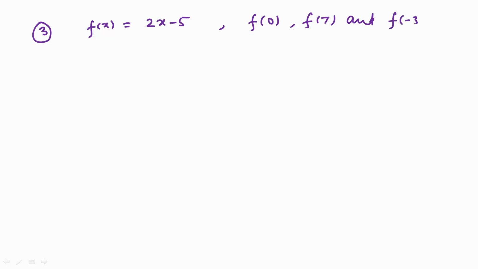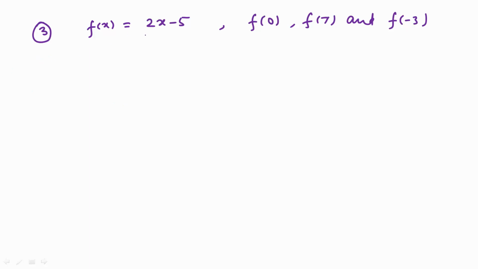In third question, if a function is defined by f(x) = 2x - 5, write down the value of f(0), f(7) and f(-3). So let's see one by one.